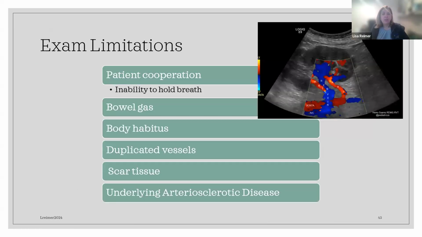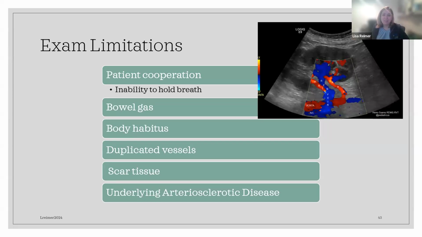So limitations with Doppler: we're talking about tiny vessels in an area that we have to negotiate between ribs around bowel. They're deep in the body. So is the patient able to hold their breath so you can get a Doppler waveform? Maybe we have bowel gas, body habitus. There's a lot of duplication to these vessels.